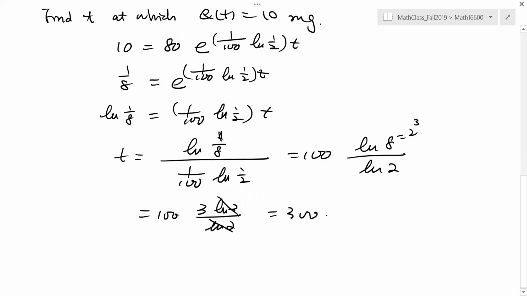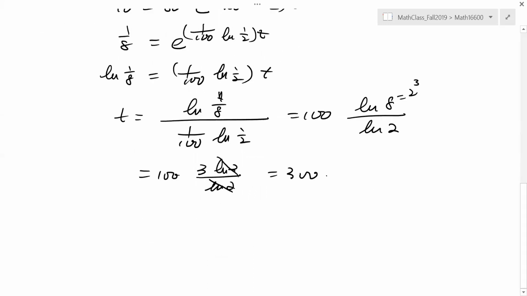All right. A similar problem will be on the final exam. Listen, but the question will be different. We will ask you to find the time so the mass is reduced to 10% of the original, and you're not given the initial quantity, for example.